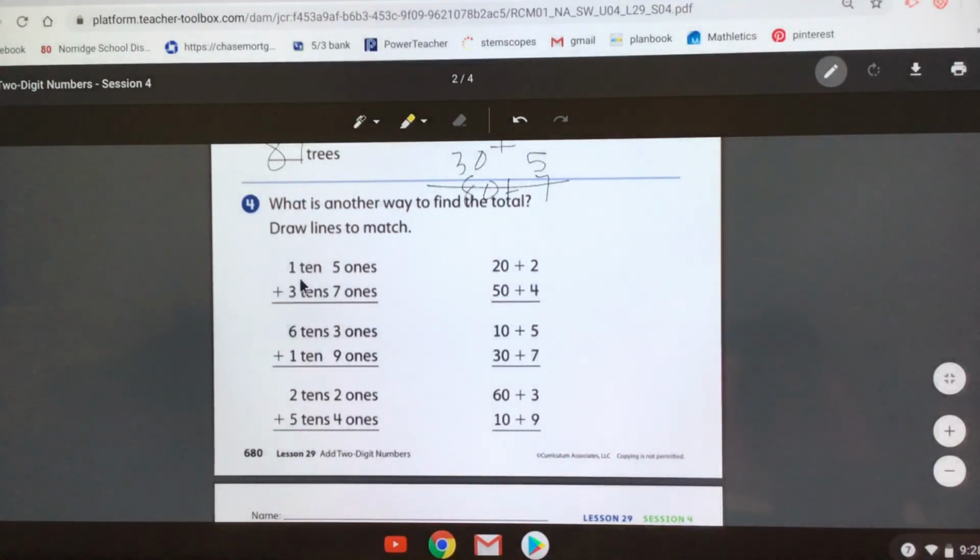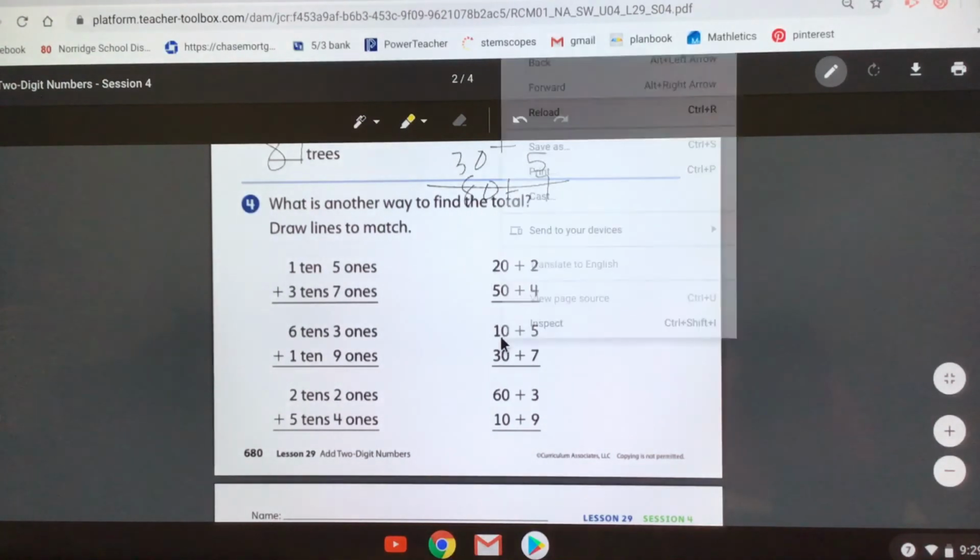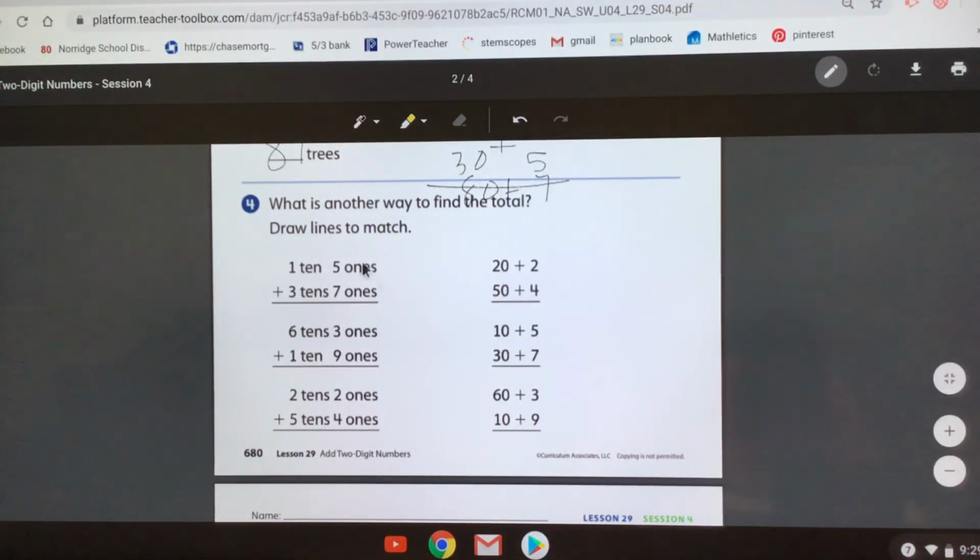No. If you have 1 10, do you have 10? Yes, you do. And if you have 5 ones, you have 5. So 1 10 and 5 ones is 10 plus 5. 3 tens is 30, and 7 ones is 7. So right here, 30 plus 7. So we're going to draw a line to match from here to here.